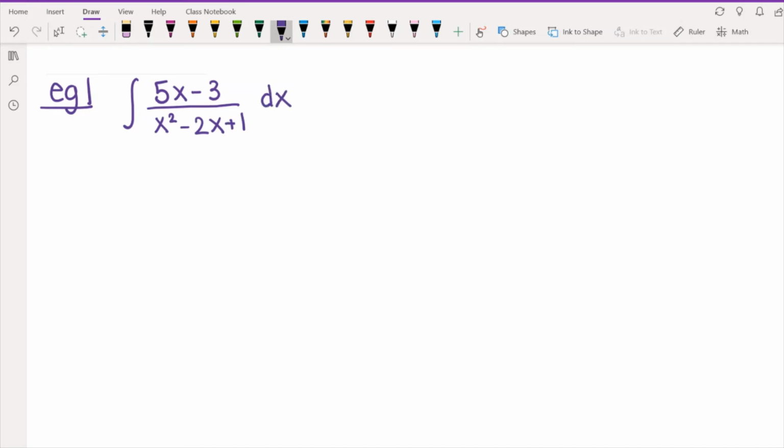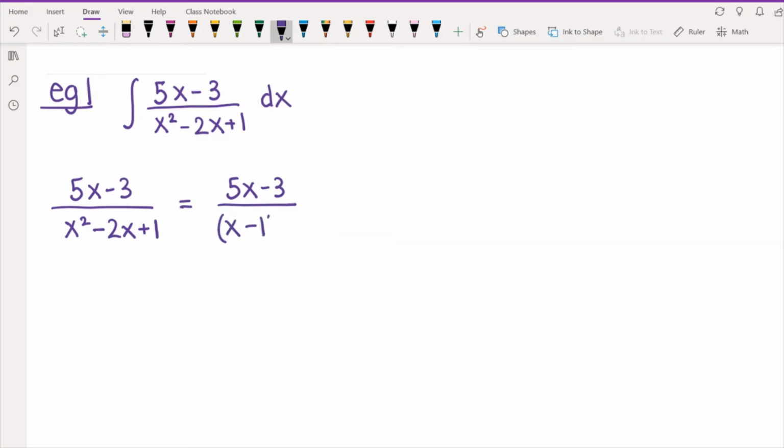So let's start this the same way we started the other ones, right? So we're going to start by factoring the denominator. So we have 5x minus 3 over x squared minus 2x plus 1. That's going to be equal to 5x minus 3 over x minus 1 times x minus 1.